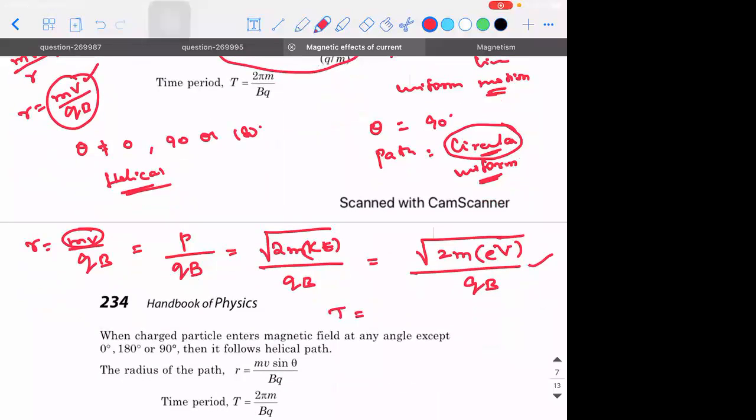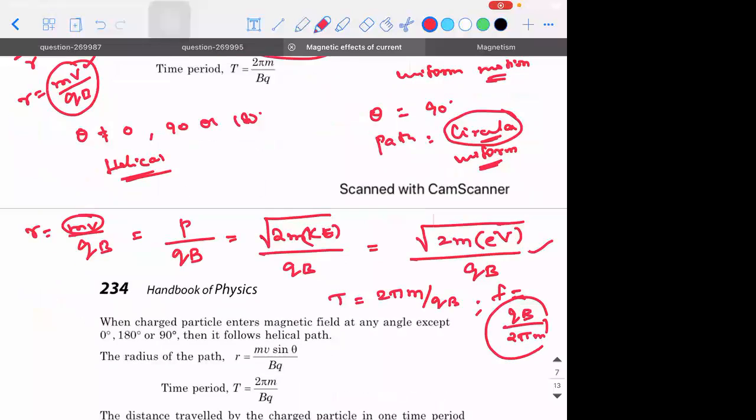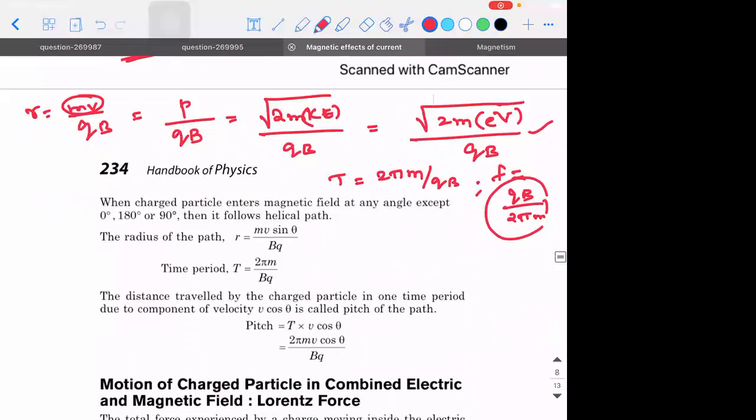Similarly, the time period of the particle is given as 2 pi m divided by qB, and the frequency is given as qB divided by 2 pi m. This is also called the cyclotron frequency. Similarly, with respect to the helical path, the radius of the particle is r is equal to m into v sin theta divided by qB, and the time period will be 2 pi m divided by qB.